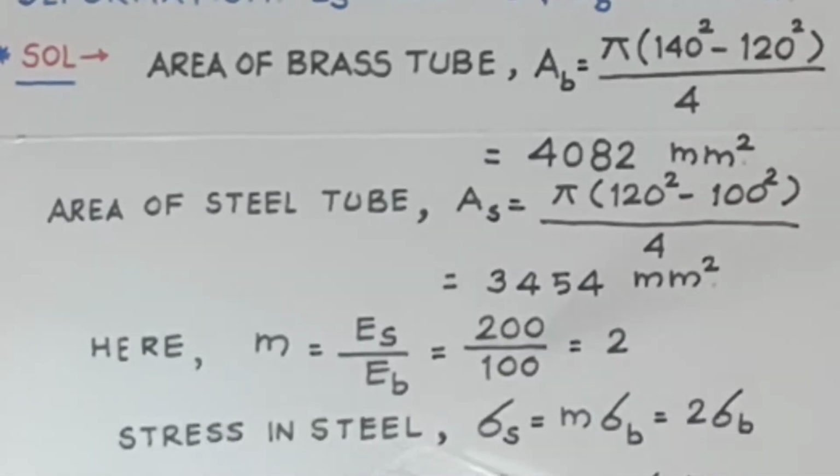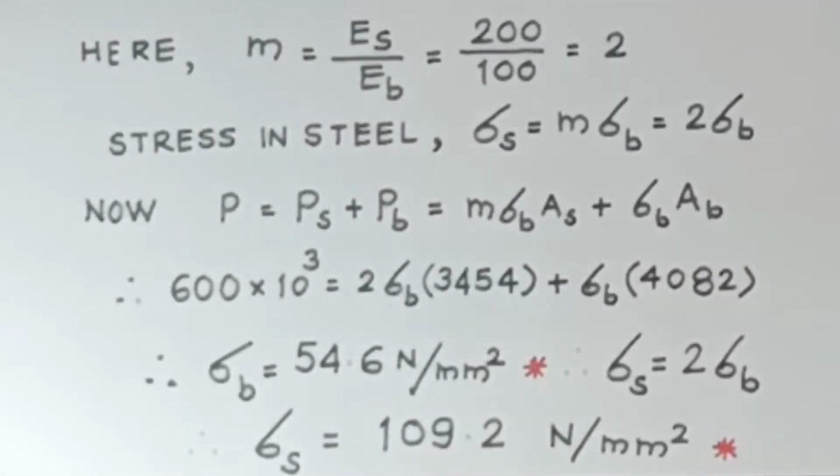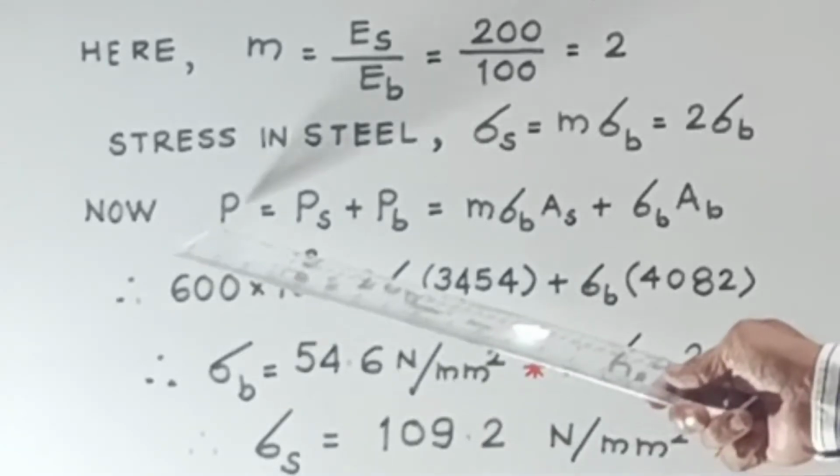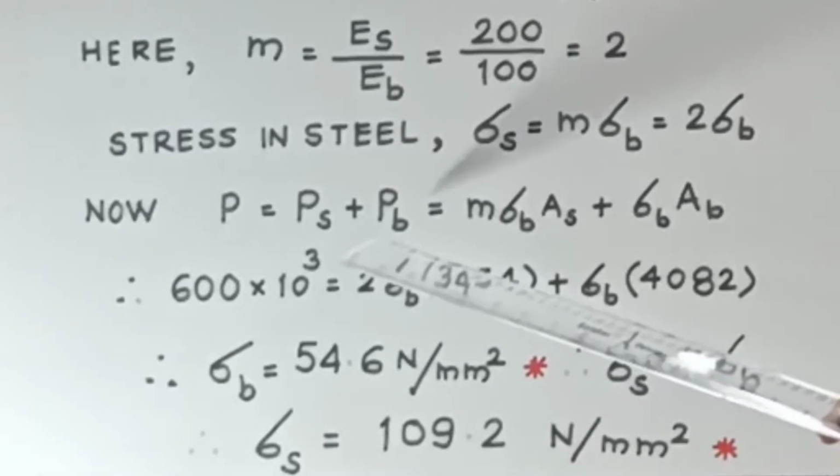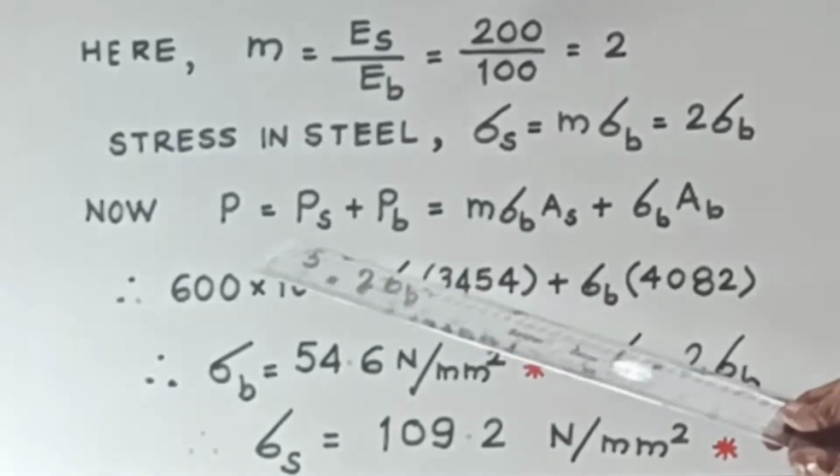Therefore, stress in steel sigma S is equal to M times sigma B, that is 2 into sigma B. Now we also know that total load must be load carried by steel plus load carried by brass.